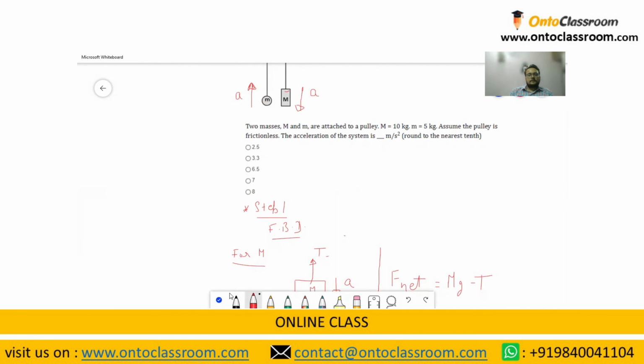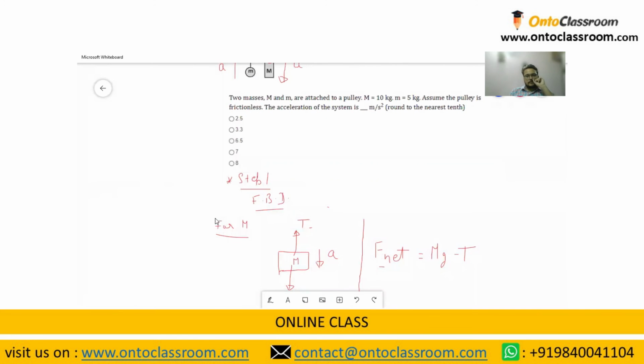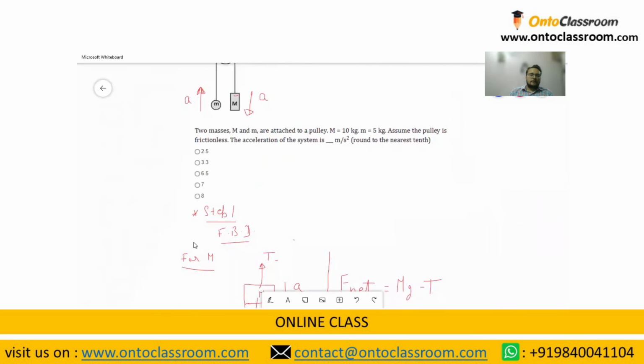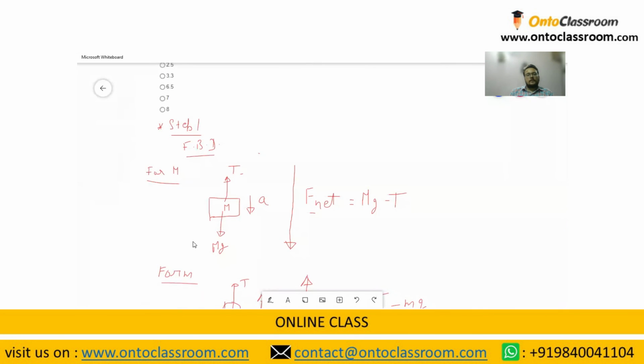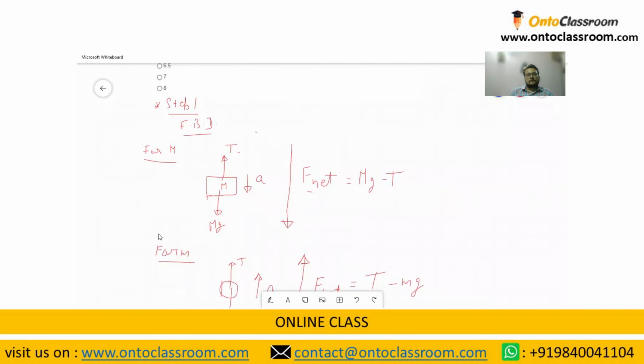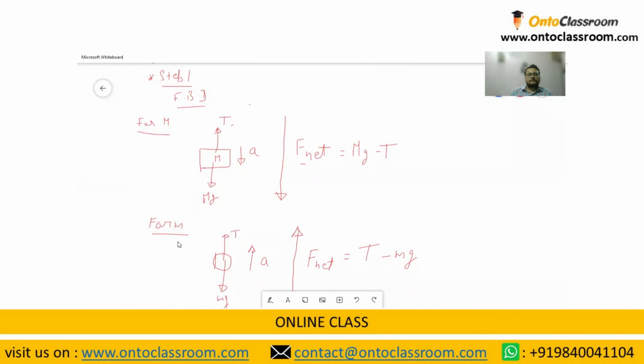That's how we can solve these mass pulley systems step by step. In the first step, we'll draw the free body diagram for every mass which is given in the question.